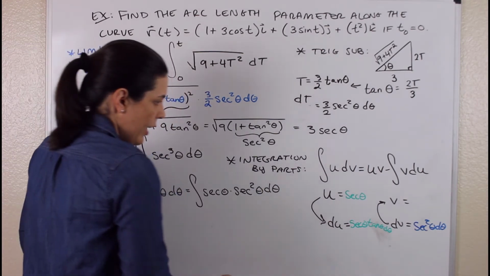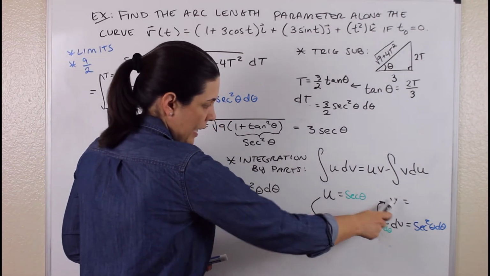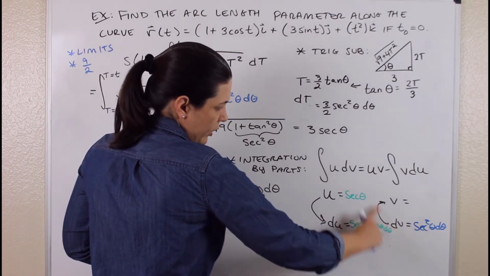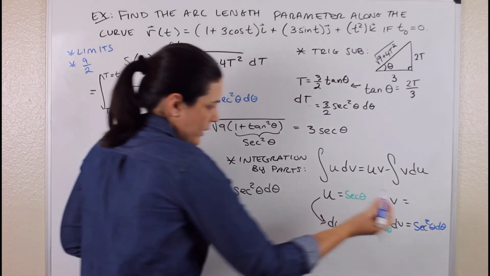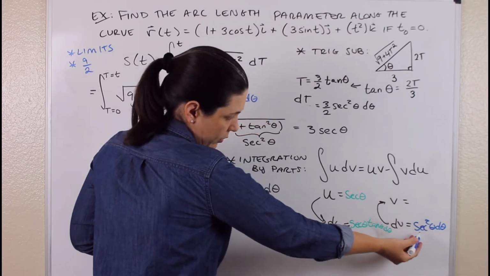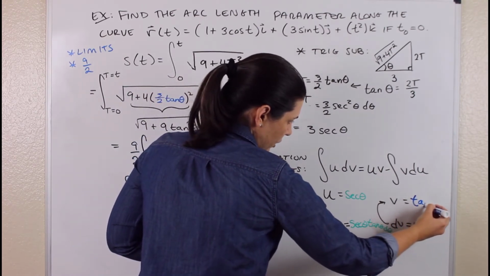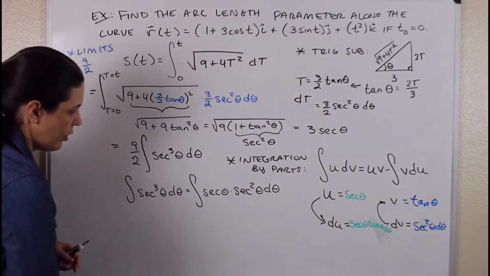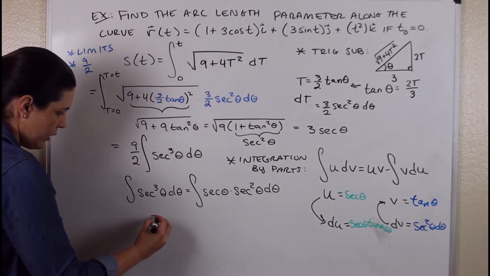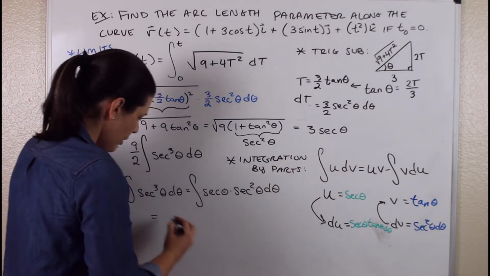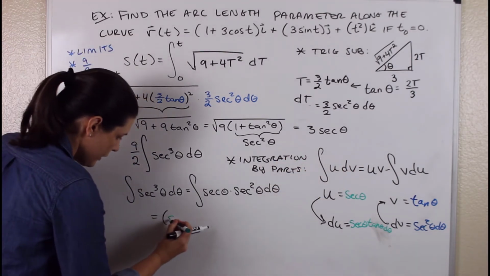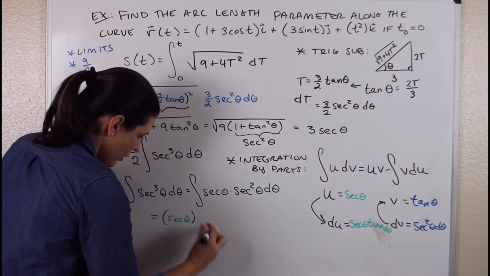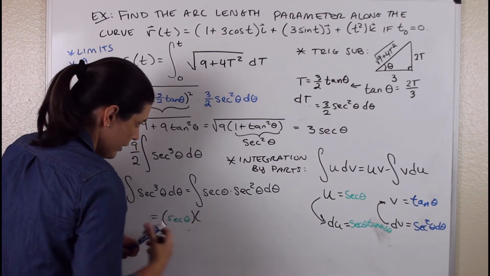Okay, that's just from remembering the derivative of secant. And then I find the antiderivative of secant squared, because I need to go backwards. So what function has the derivative of secant squared? Well, that's tangent. So tangent theta. Okay, so then let's plug into our formula. So this equals u times v, which u was secant theta times v, which we just figured out was tangent theta.